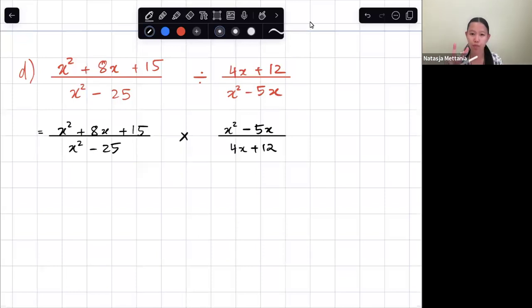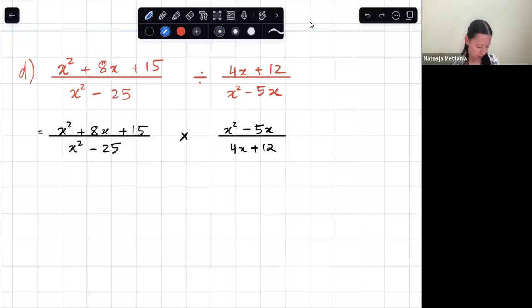Step number two, it still looks a little bit hard, but now it's just a tad bit easier. Step number two is using the methods of factorization. Let's use our little microscope to look at just one part of this big question. I'm going to look at just the numerator on the first fraction.